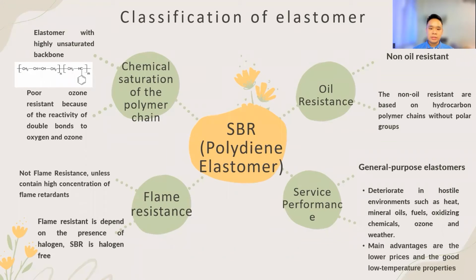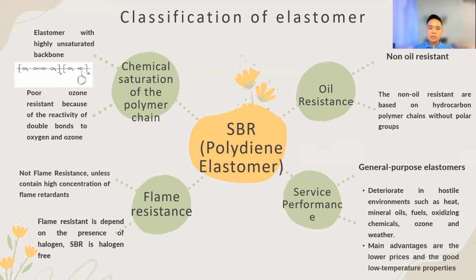SBR can be classified accordingly. Concerning the chemical saturation of the polymer, SBR is an elastomer with an unsaturated backbone, which has many double bonds that react with oxygen and ozone and give poor ozone resistance. SBR is non-oil resistant because of the hydrocarbon polymer chains without polar groups.